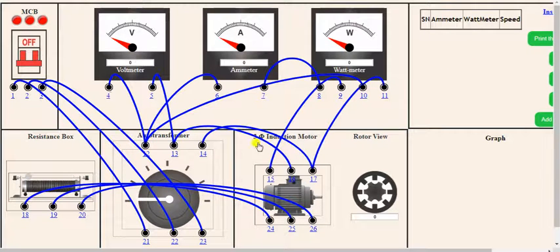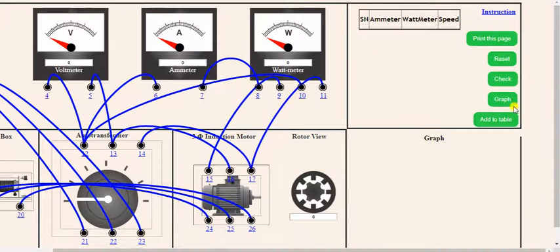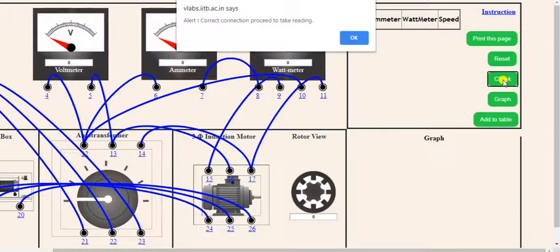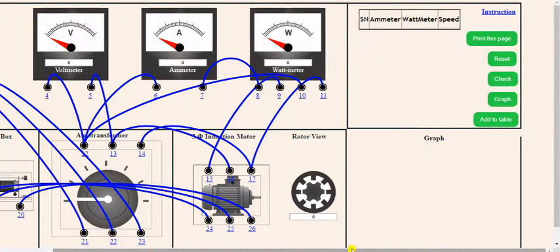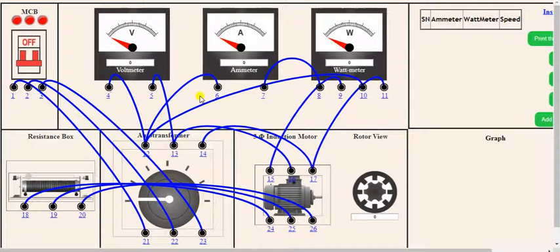Then we have to check. Click on check, and the message will come: correct connection, proceed to take readings. So we have made the correct connections. Now click on the MCB to switch it on, and its color will appear green, so the supply is switched on.